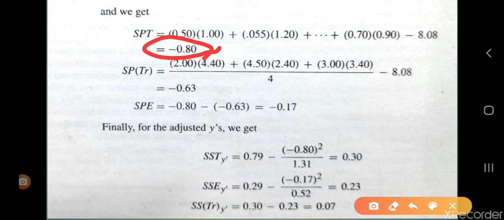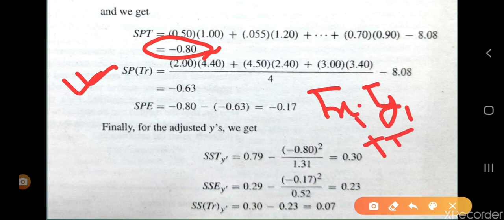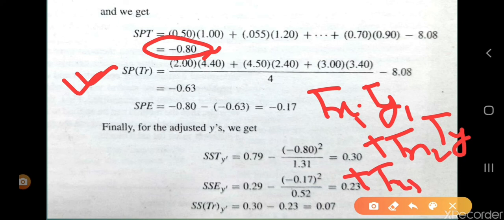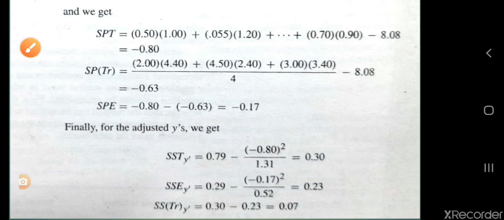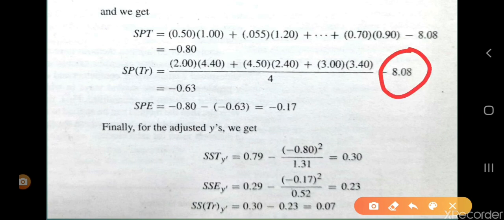The treatment sum of product is given by tx1 into ty1 plus tx2 into ty2 plus tx3 into ty3 divided by number of levels, that is 4. So this is tx1 ty1, tx2 ty2, tx3 ty3, minus c will give us the sum of products for treatment.